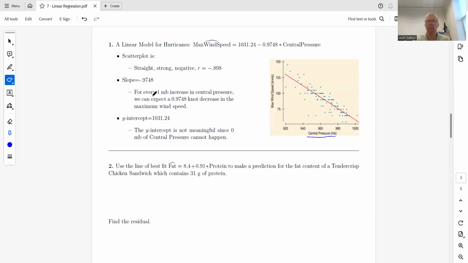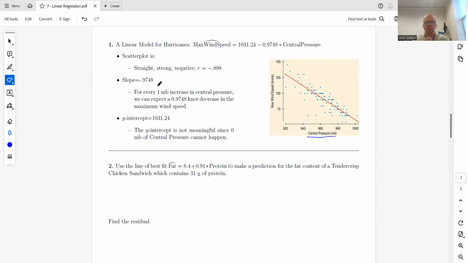So in this case, for every 1 millibar, that's what MB stands for, increase in central pressure, so when X goes up by 1, Y is predicted to decrease, because it's negative 0.9748 knots in the maximum wind speed. So you can see this is again saying the same thing.